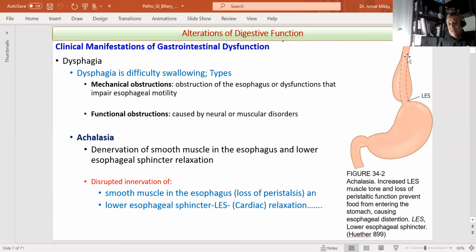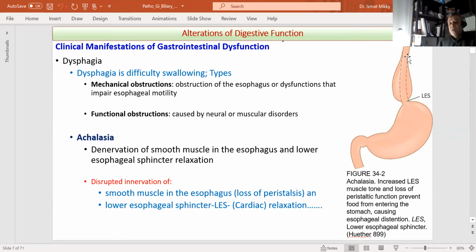So this is the difference between mechanical obstruction and functional obstruction, and both will lead to dysphagia or difficult swallowing. The achalasia is the denervation of the smooth muscle in the esophagus and lower esophageal sphincter, and the other name for the LES is cardiac sphincter. You can say lower esophageal sphincter, or you can also call it cardiac sphincter.